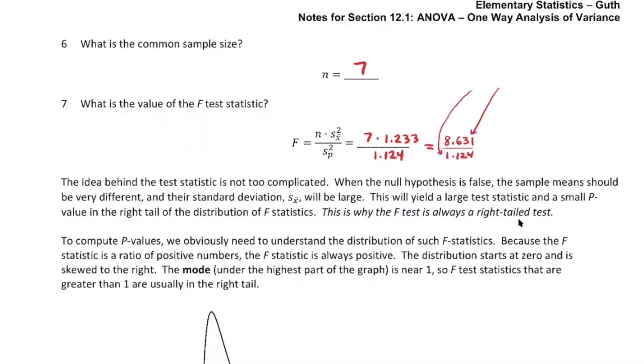So I want to make the note here, these estimates of sigma squared are very different. What went wrong?